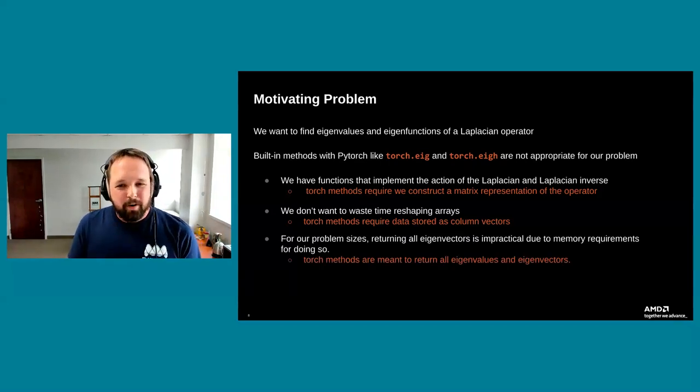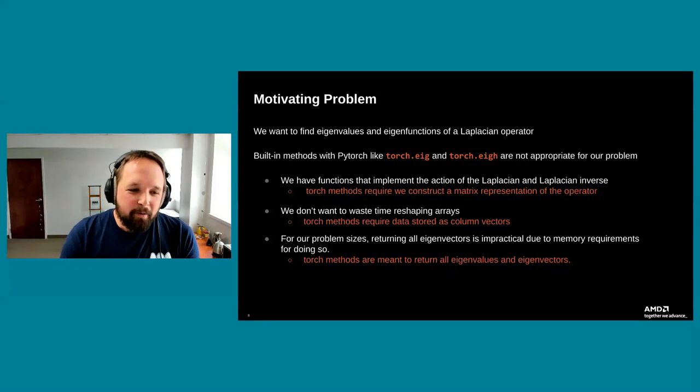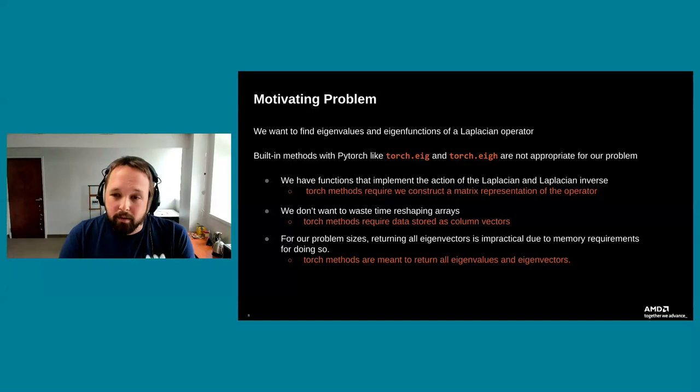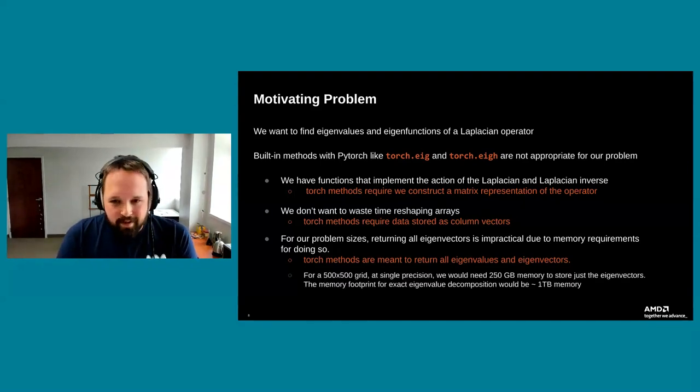The last, and this is probably the most important one, probably should have started with this reason, but for our problem sizes, returning all of the eigenvectors is actually quite impractical due to the memory requirements for doing that. And eig and eigh, those methods are meant to return all the eigenvalues and eigenvectors of a given matrix. Now, this problem I'm presenting here is actually a fairly small problem.